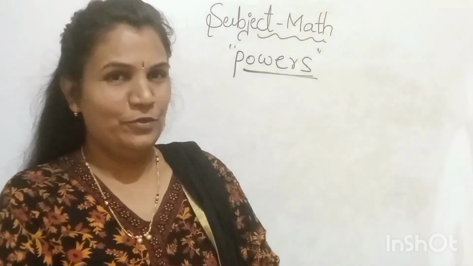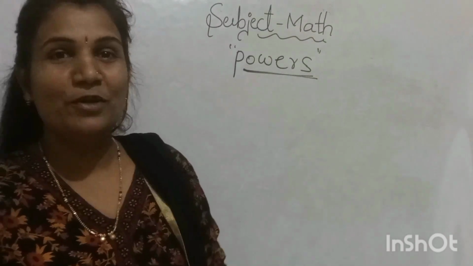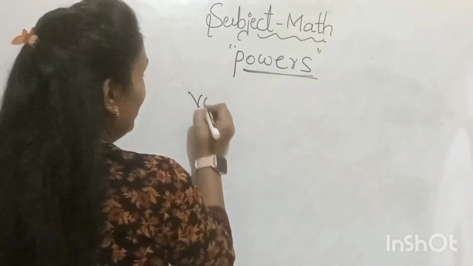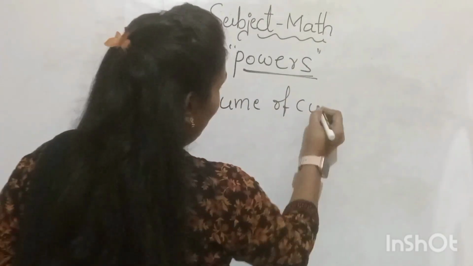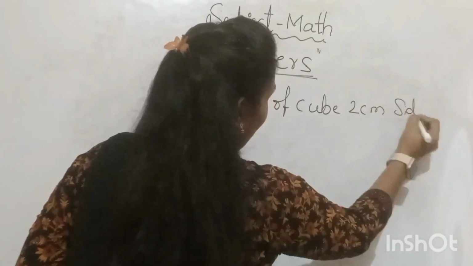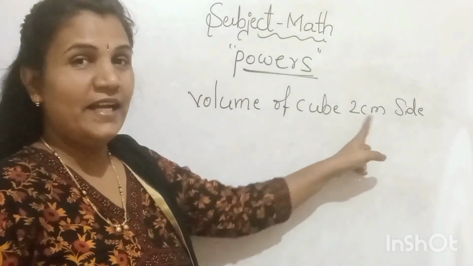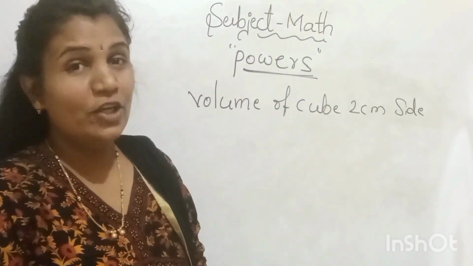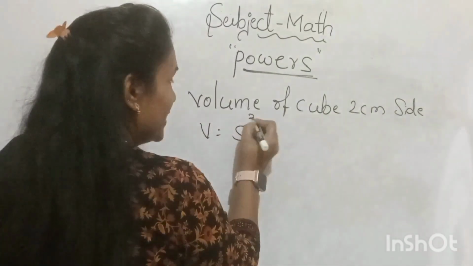Okay, one example I'll give you. If you want to find the volume of a cube, what is the formula? Side cube, that you know. If I take an example, find the volume of a cube having 2 centimeter side. The volume formula is volume equals side cube, or s cube.